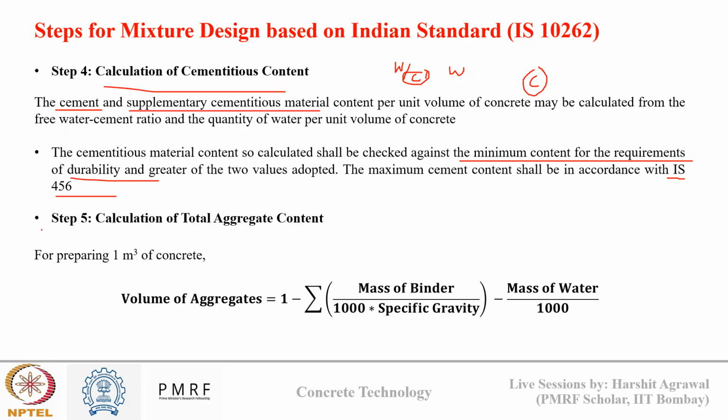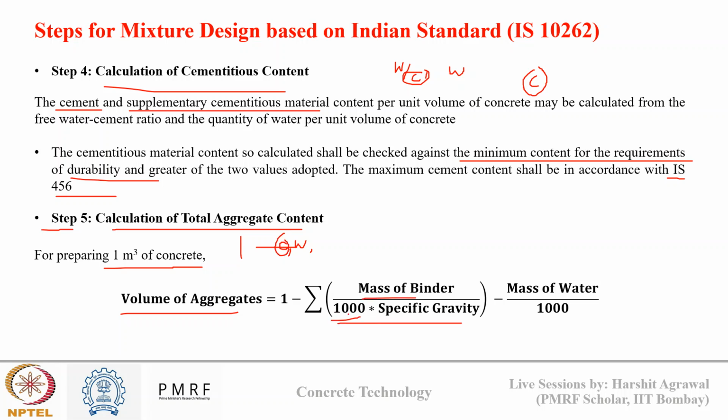Then we have step 5, which is calculation of total aggregate content. So we know cement, we know water, and if we assume 1 meter cube of concrete, my volume of aggregate will be nothing but 1 minus volume of cement and volume of water. For calculating volume of cement, we divide mass by the specific gravity times 1000.